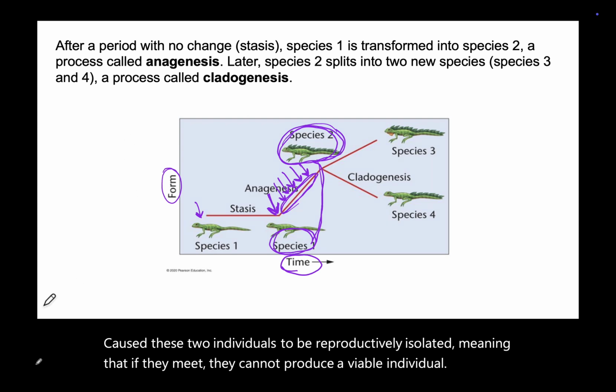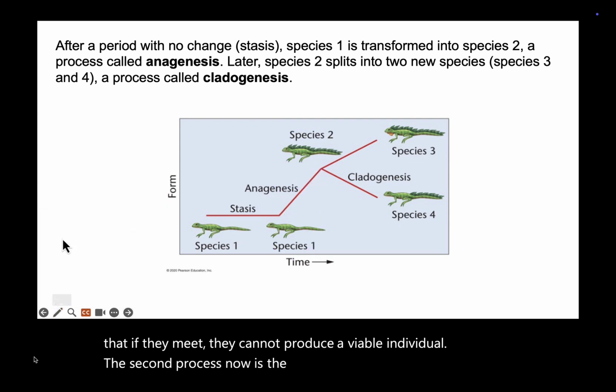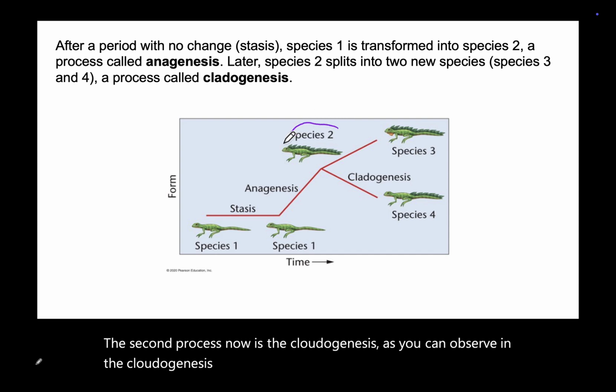The second process now is the cladogenesis. As you can observe in the cladogenesis, that species number 2 gives rise to two different species.